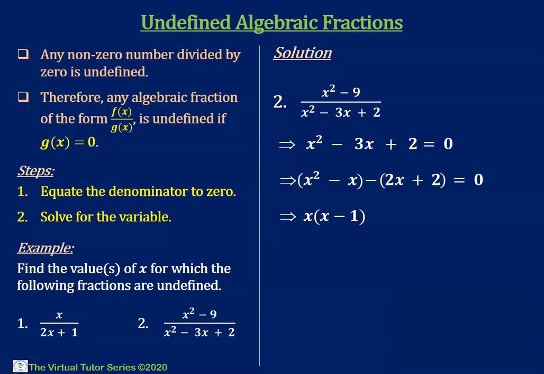Again, the common factor of -2x and 2 is -2. So the second group factorizes into -2 into bracket x minus 1, bracket closed, is equal to 0.